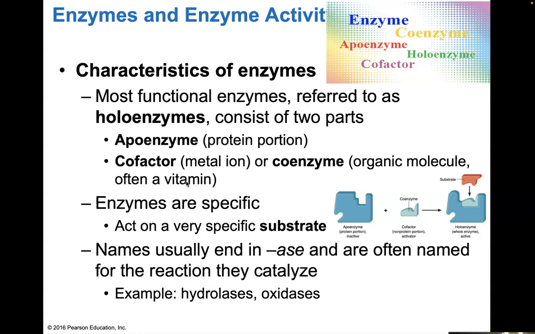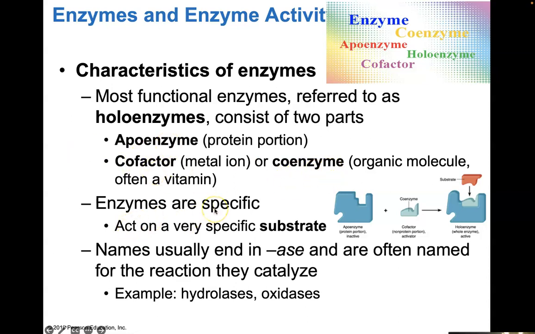So out of this slide, really what I want you to get is that those cofactors and coenzymes are going to be metal ions in this case, or something like a vitamin that we have to take in that's required for our enzyme to function. And without that cofactor, without that coenzyme, that enzyme is not functional, okay? So that's the big thing I want you to get with cofactors and coenzymes.